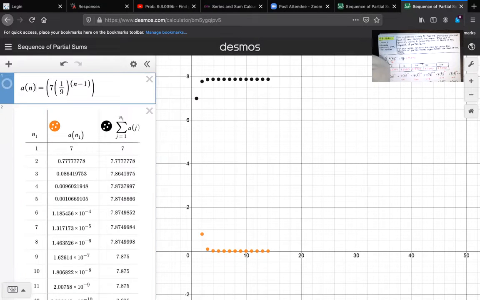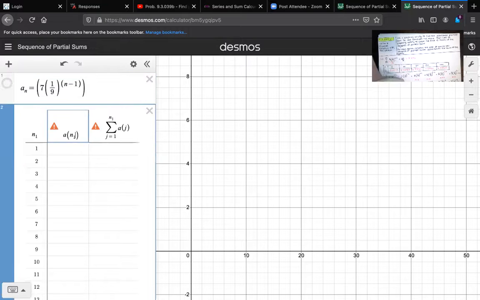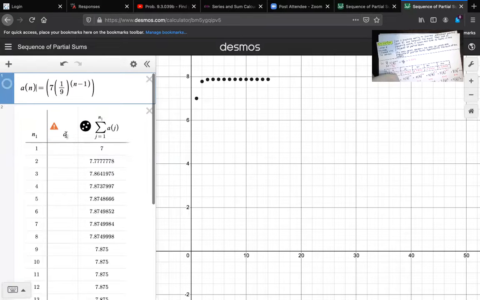I wonder if it would let us do a subscript. No, it won't. Okay, sorry, I'm going to go back to the notation that they were using before.